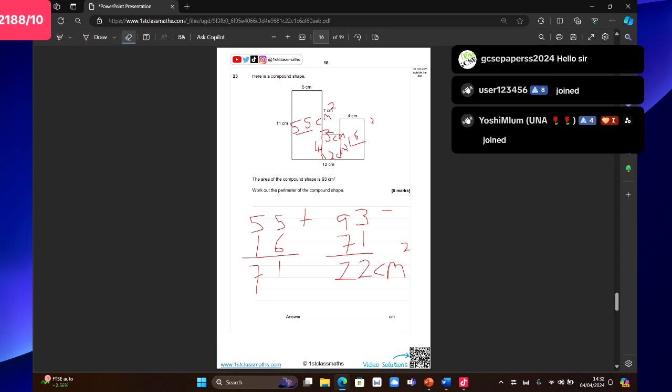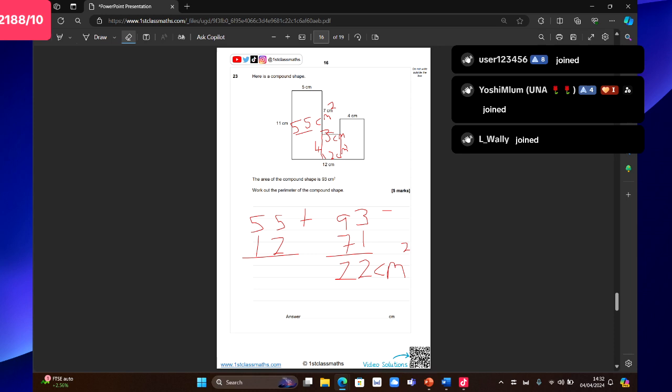And then we can work out this area here. So 55 plus 12 makes 67, and then 93 take away 67. 3 take 7, I can't do, so I need to borrow.